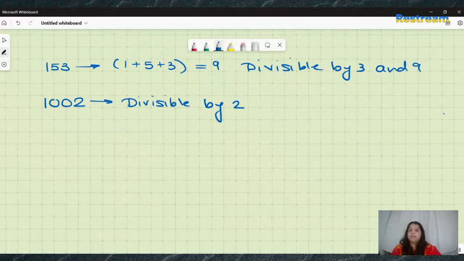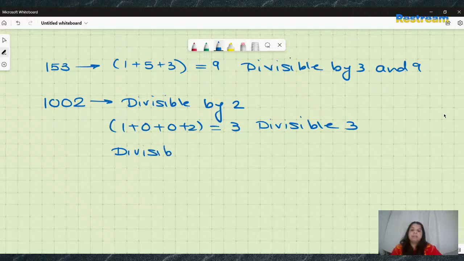It is 1 plus 0 plus 0 plus 2 equal to 3. So it is divisible by 3. Since it is an even number and it is divisible by 3, this number is also divisible by 6.